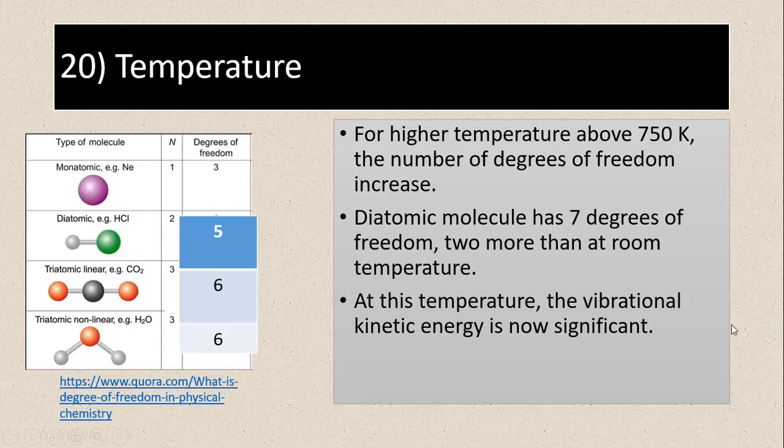For polyatomic, it's also the same. The vibration will come in, so the number of degrees of freedom will increase, more than 7 most likely. I don't think you need to go further than that. Just say it's increased, good enough already. Okay, one more previous slide.